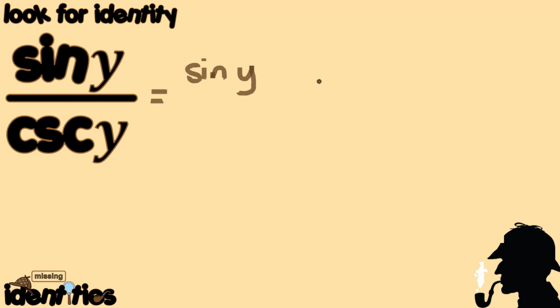But the cosecant y can be expressed in terms of sine y. Cosecant y is the reciprocal of sine y. This means that cosecant y can be represented as 1 over sine y. This is the equivalent form of cosecant y in terms of sine y.